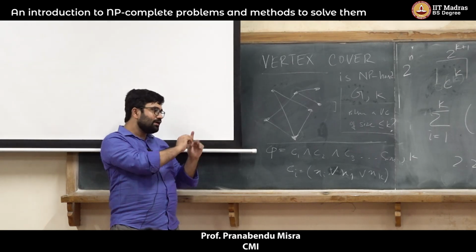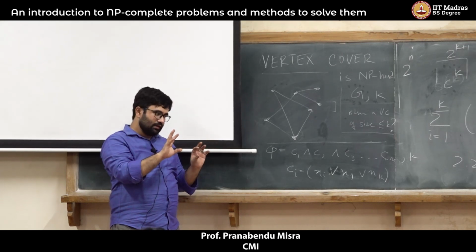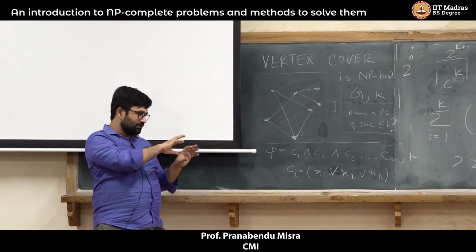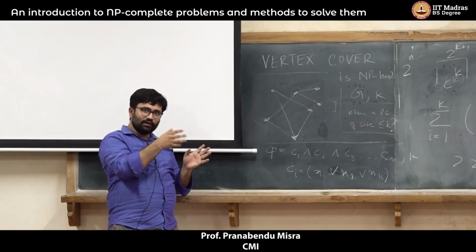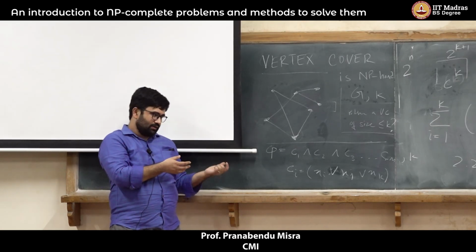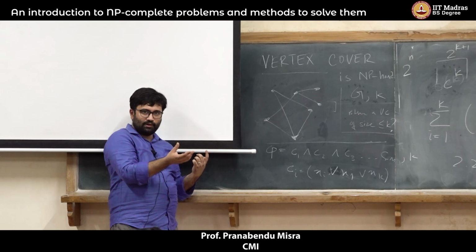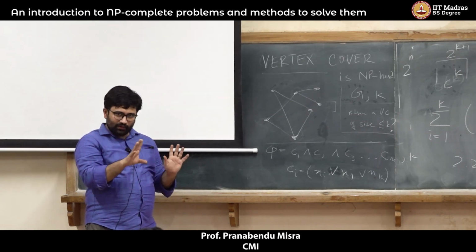The process simply is that you randomly set the variables in the polynomial to some random numbers. If the evaluation of that polynomial comes out to be non-zero, then you say that the polynomial is a non-zero polynomial. If it comes out to be 0, then of course you say it's 0. So this is a randomized algorithm.